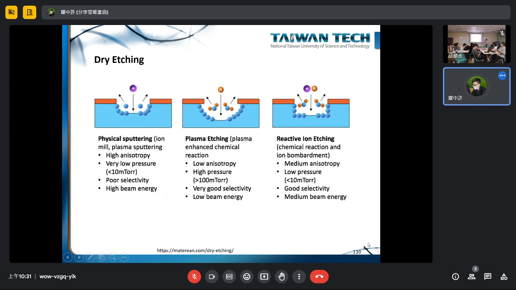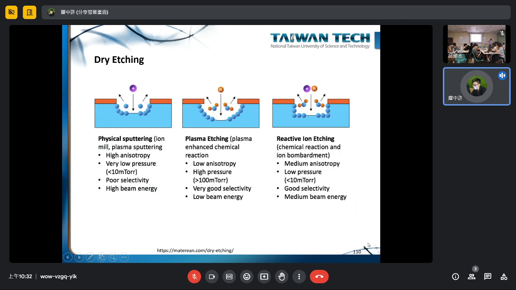For the other one, there is no anisotropy; you can react with all the atoms surrounding it, so no directionality. But it has very good selectivity. If you have a material you don't want to react, you can react only material A and leave material B still on your wafer.